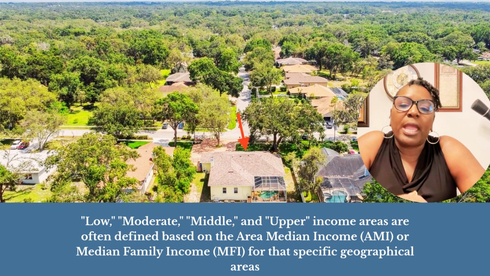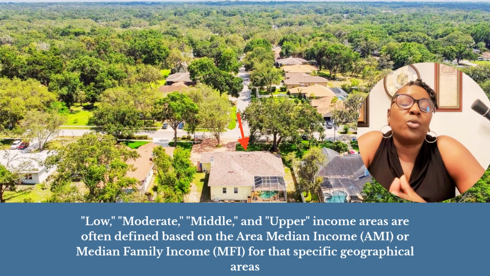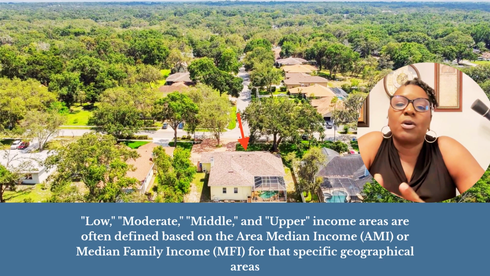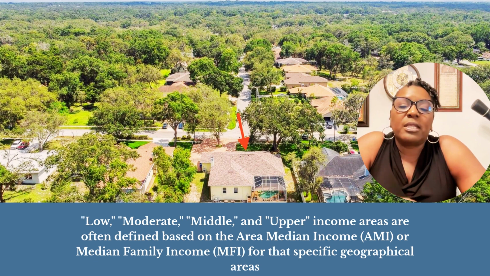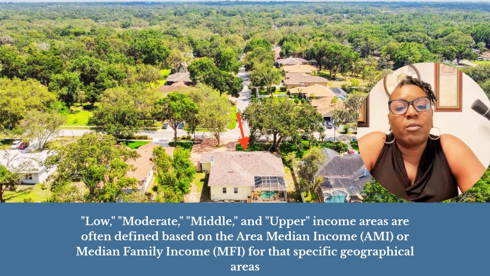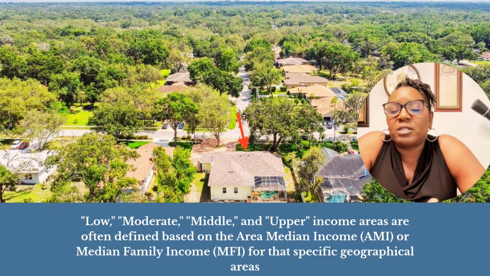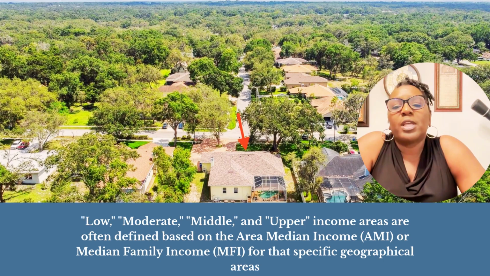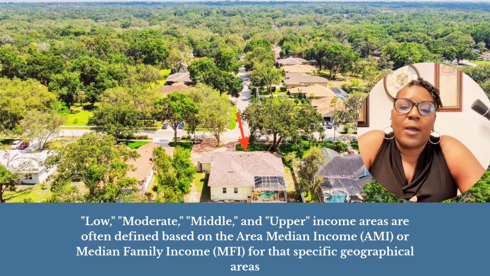So you will hear AMI a lot if you are looking into targeted areas. Is it low, or is it moderate, or is it in the middle or upper? Basically, it is just based on the area median income for that specific geographical area, right? So let me explain what they each mean before I continue with this video.